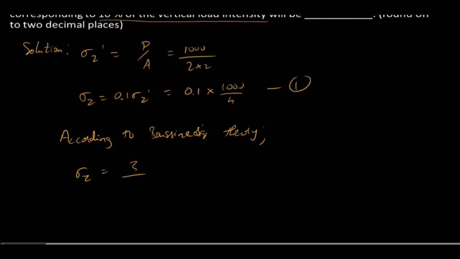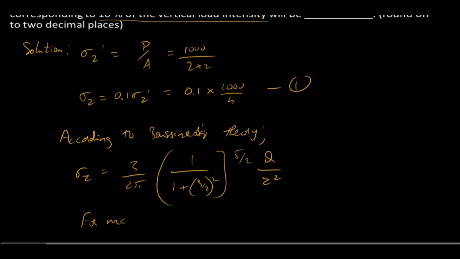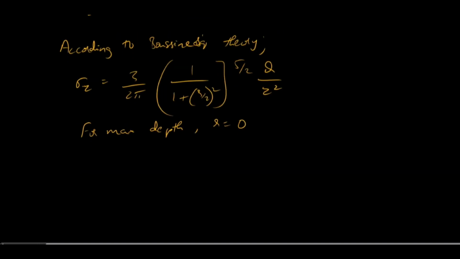According to Boussinesq's theory, sigma z will be equal to 3 by 2 pi, 1 by 1 plus r by z the whole square to the power 5 by 2, into q by z square. For maximum depth, consider r equal to 0. Therefore, sigma z will be equal to 3q by 2 pi z square.